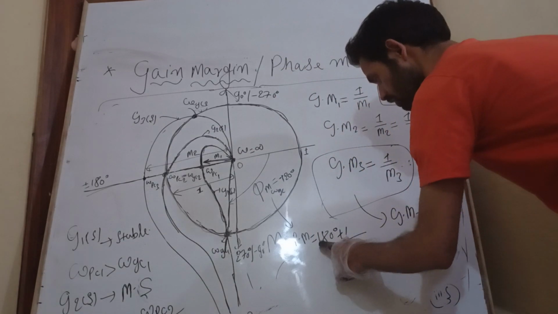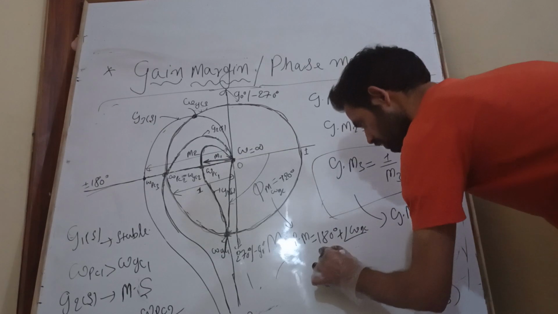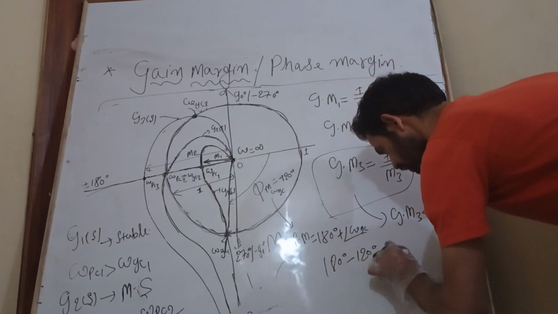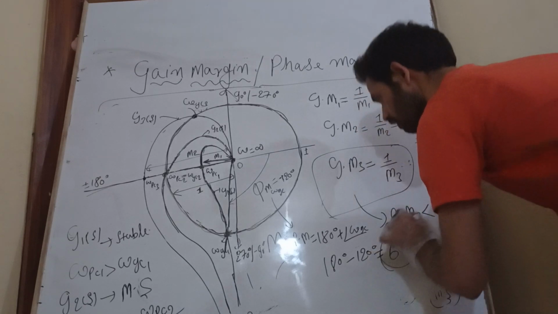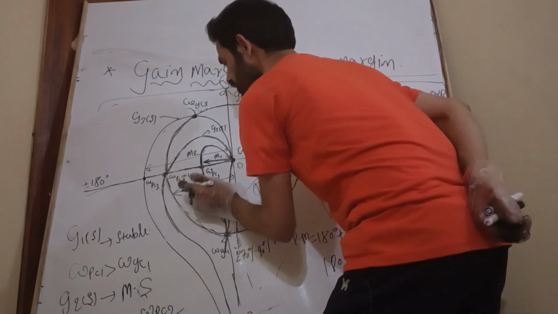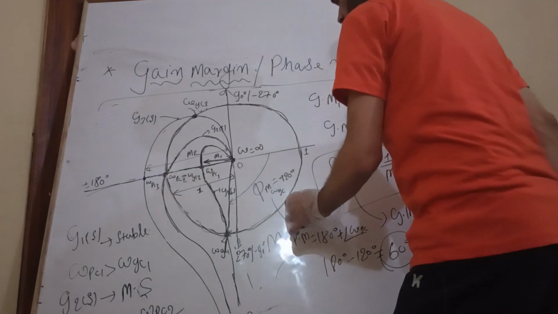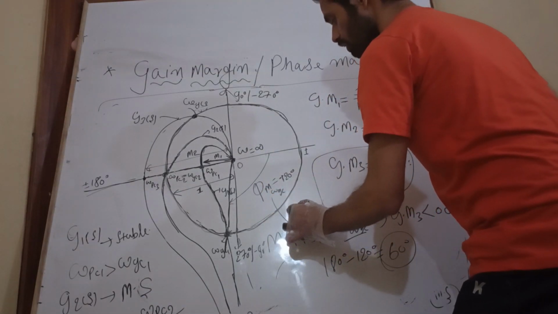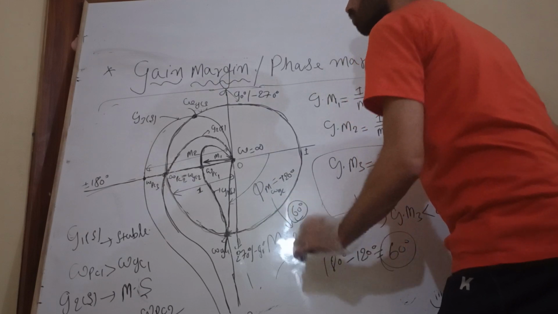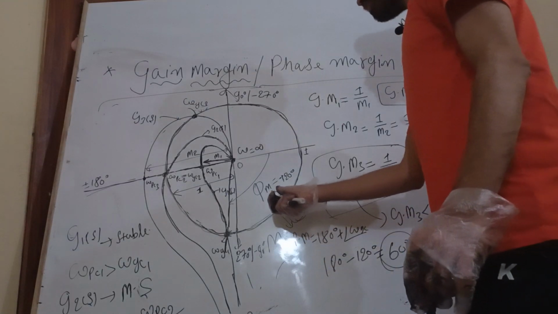So phase margin equals 180 degree plus the angle at omega gc, which is 180 degree minus 120 degree, which is nothing but 60 degree. If I jump by 60 degree, I will reach 180 degree, and here the phase margin is 60 degree.